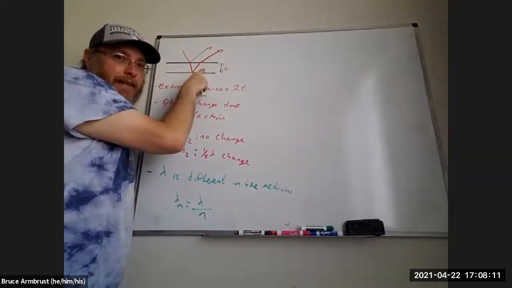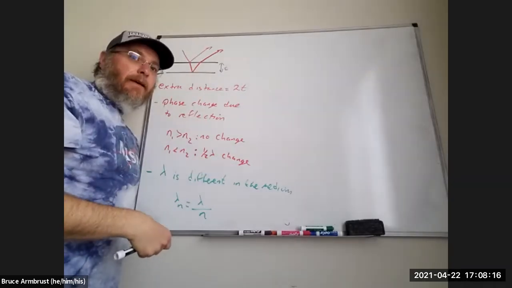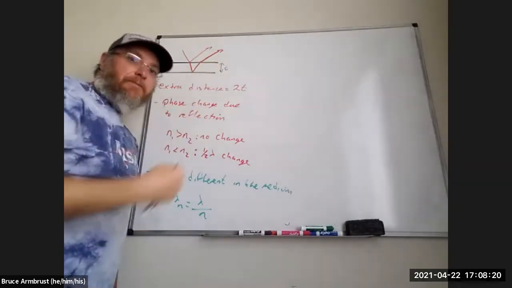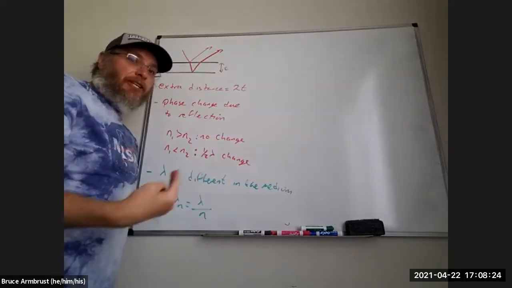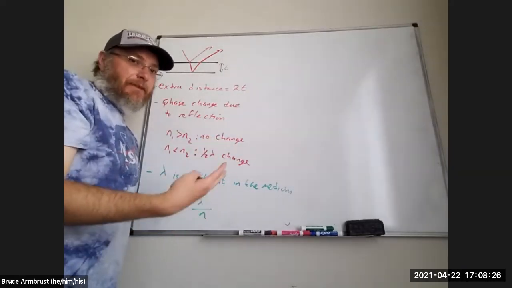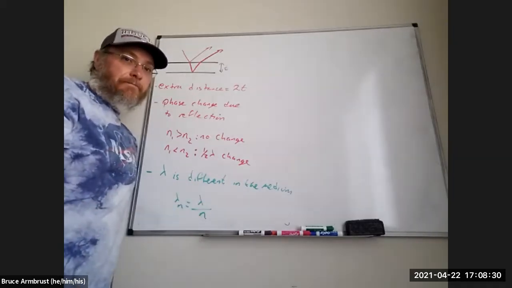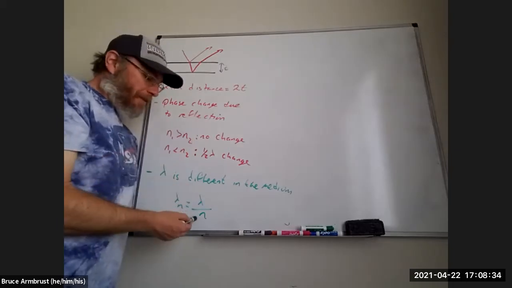Then it comes in here and the n is, let's say, 1.5, so it slows down. But when it comes back out into the air, it speeds back up. Since that change in velocity happens with the same frequency, it changes its wavelength back to normal.